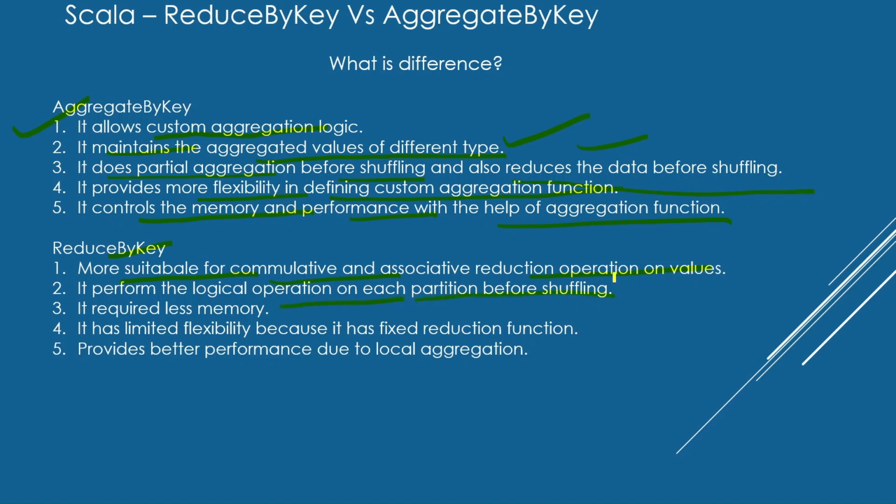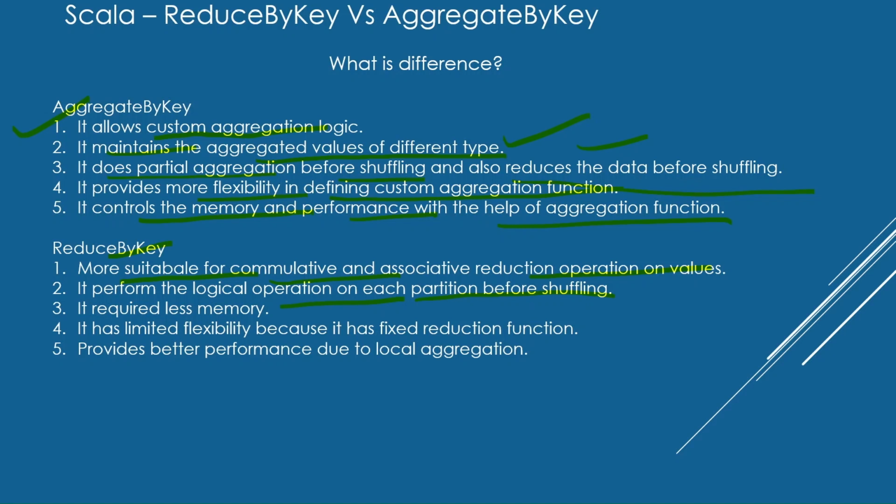As I told you, reduceByKey is going to apply the aggregation function at each partition level. And once each and every partition gets a result, only after that does the shuffling operation happen.